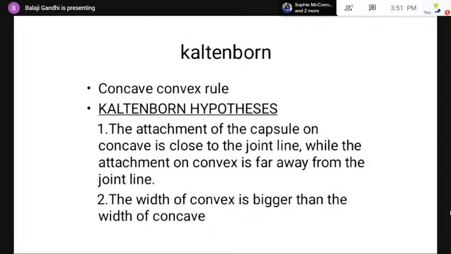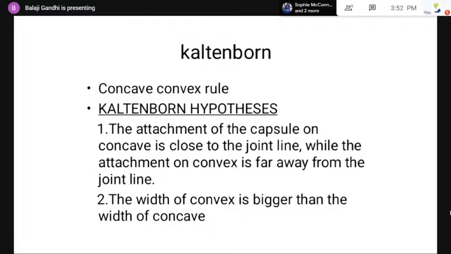What is the other Kaltenborn hypothesis? The attachment of the capsule on the concave is closer to the joint line, while the attachment on the convex is far away from the joint line. So when the capsule is attached on the concave area, it is very close to the joint line. The concave surface of the joint also has the joint capsule attached, and the convex surface also has the capsule attached.